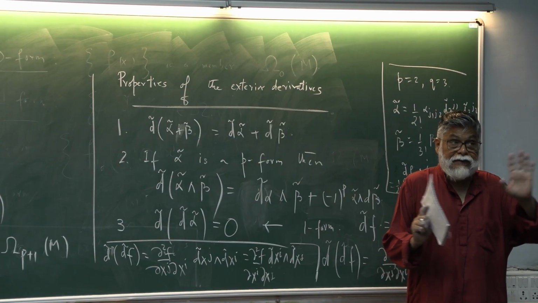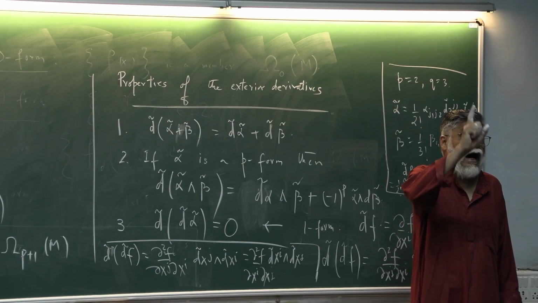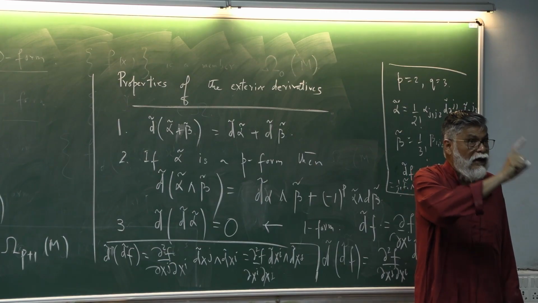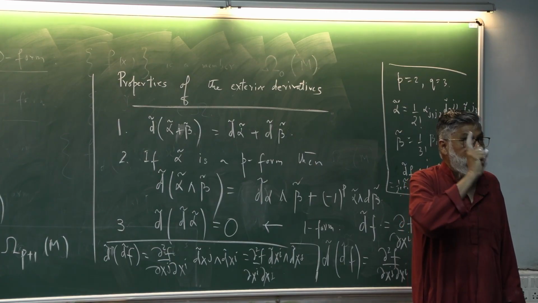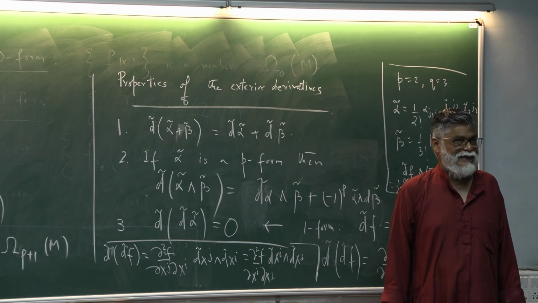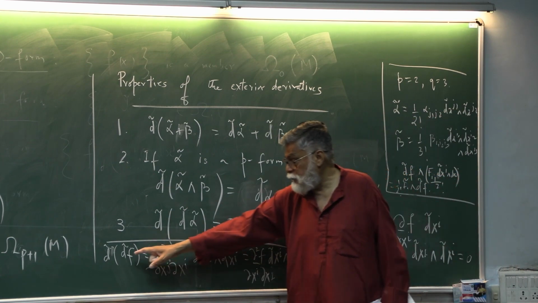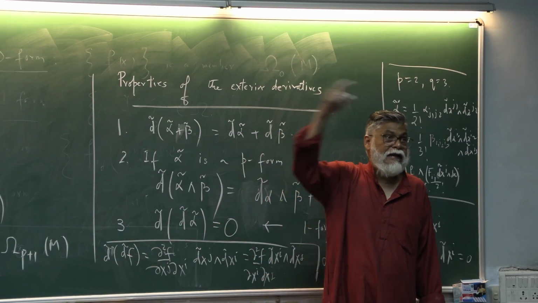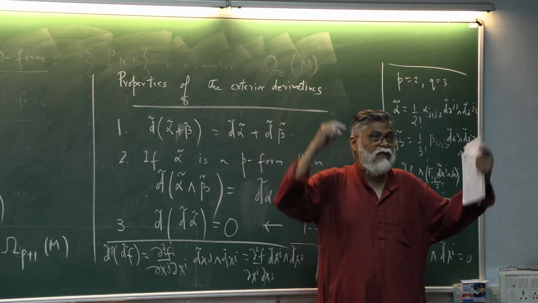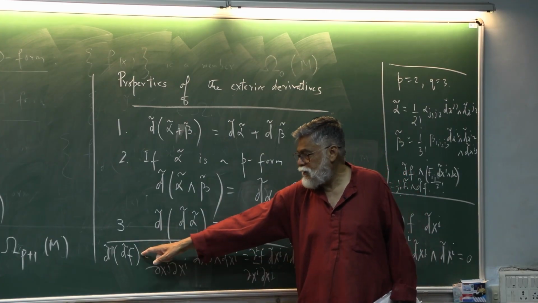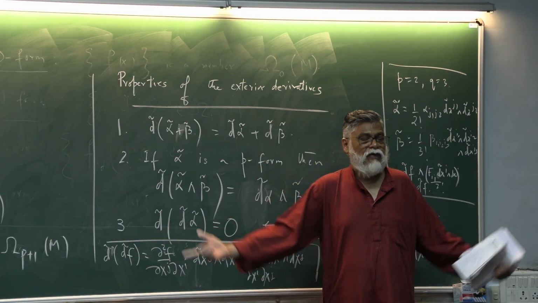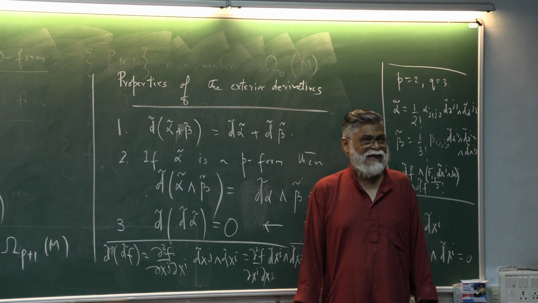But it doesn't mean that for an arbitrary 1 form, d of that arbitrary 1 form is 0. That doesn't mean. Only for a 1 form which is of the type d of f, when you apply d, it will be 0. But there could be other 1 forms which are not expressible as d of f. For those, the exterior derivative will not be 0.